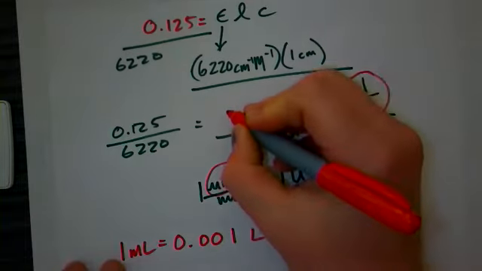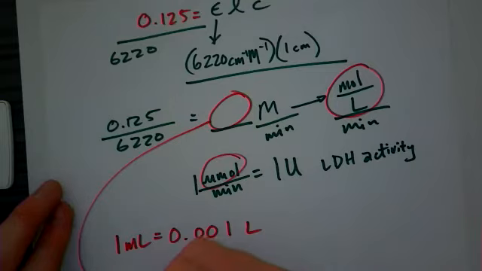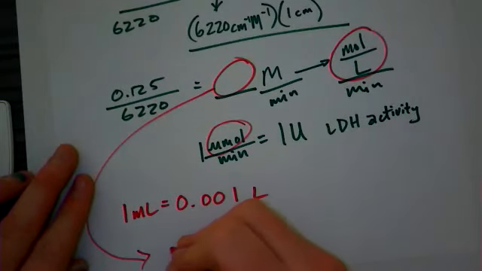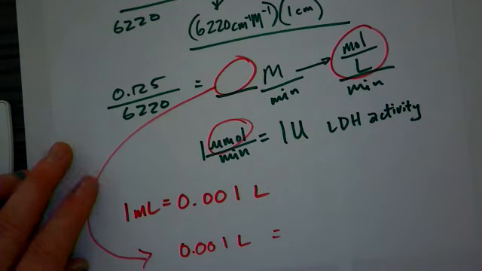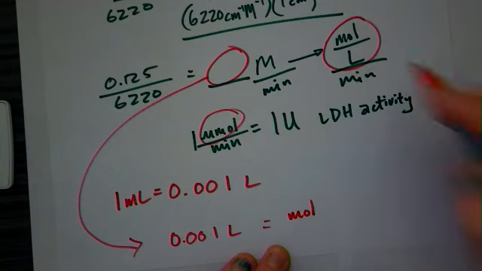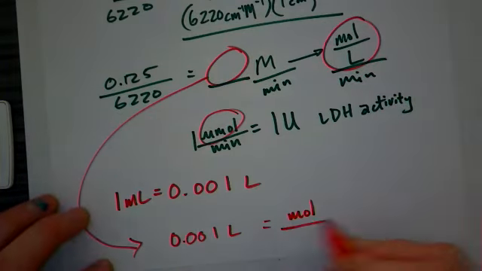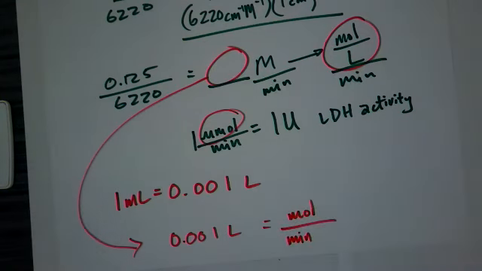So as soon as you multiply this value by 0.001 liters, you're going to then have moles, because you've gotten rid of that volume variable, and now you've converted it into moles per minute. Does that make sense? Does anyone have any questions about that?